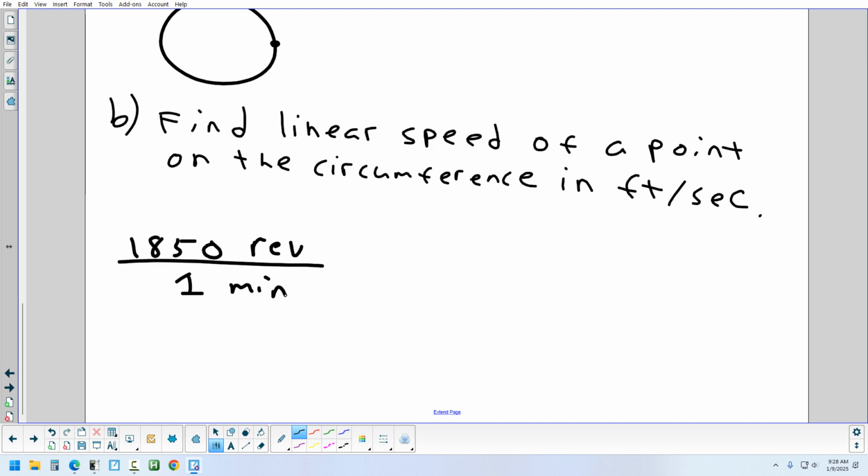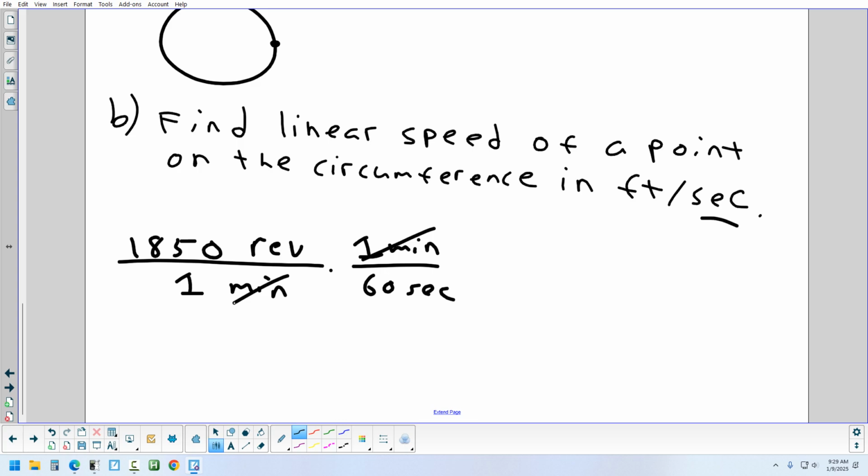One easy thing we can do is they want seconds, they don't want minutes, so we can deal with that right away. What's the fraction that's going to get rid of minutes? 1 minute over 60 seconds. Okay, so that's the easy part. Now we've got revolutions per second instead of per minute.